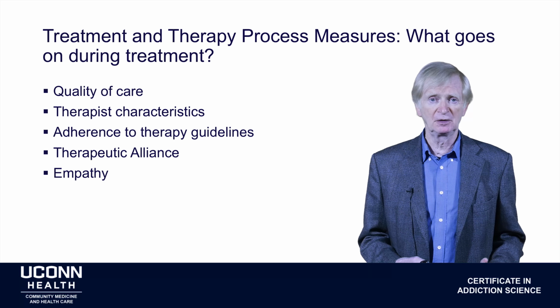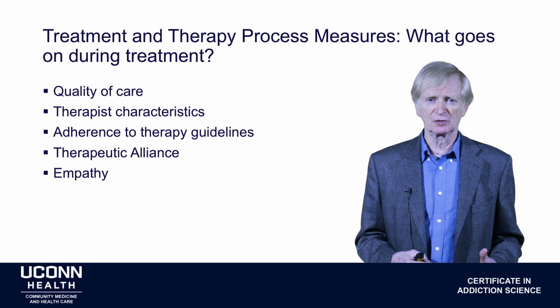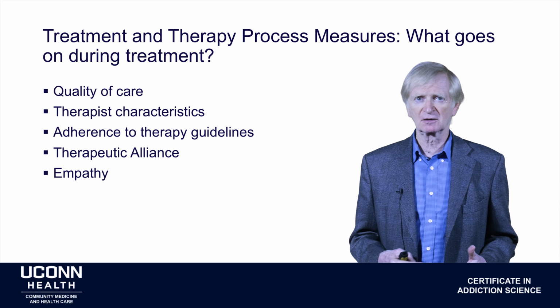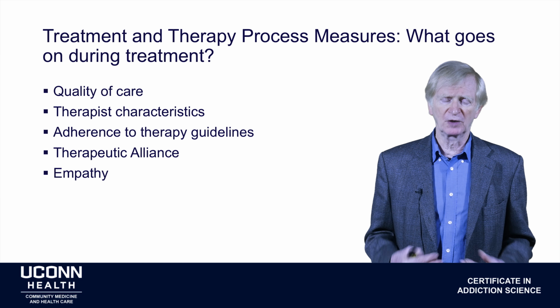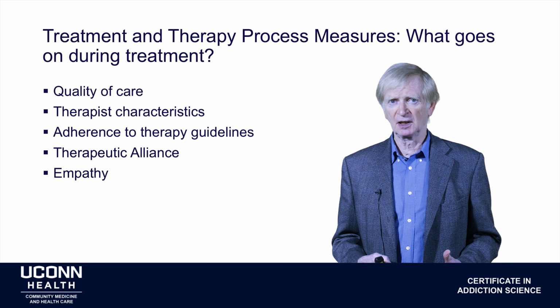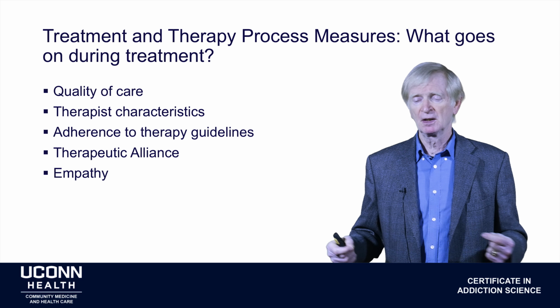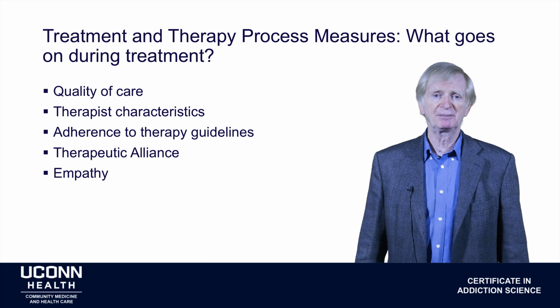You can have a very good treatment program or therapeutic intervention, but it may not have the desired effect because of poor quality, or because it wasn't a good therapist, or the therapist didn't adhere to the guidelines, or the therapeutic alliance didn't develop because the patient didn't like the therapist, or vice versa, or there wasn't empathy.